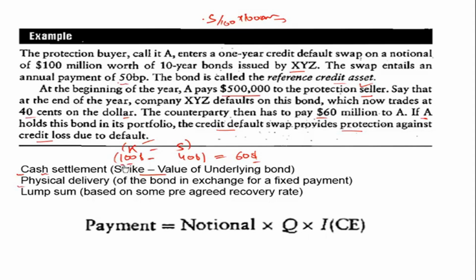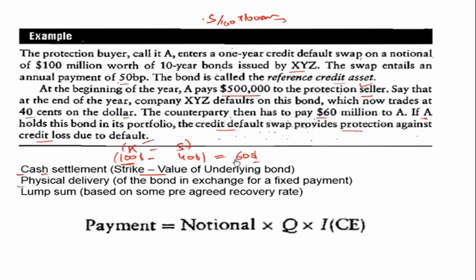So there is an agreed upon strike price or the value of the bond that we have agreed on. If the value falls down because of a credit event, so S is lower and this fall is because of a credit event, a credit downgrade, a bankruptcy, or a default of any other sort, then the protection seller will pay $60 and the default ends here.